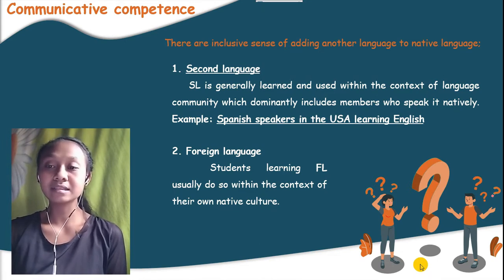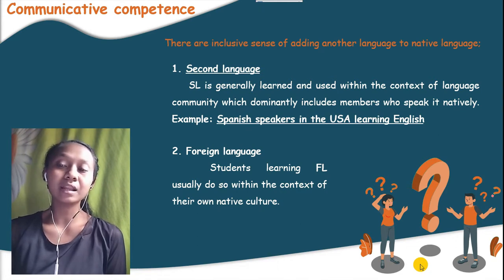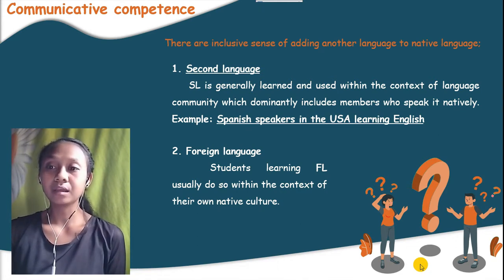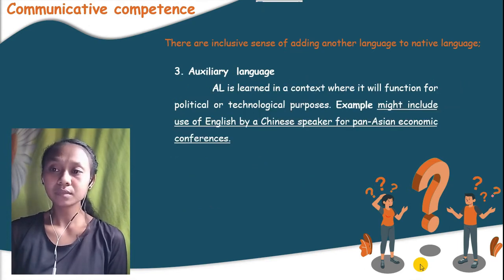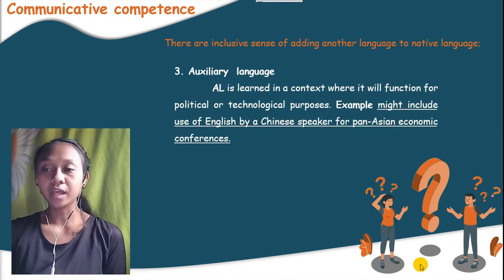And the last is auxiliary language. An auxiliary language is learned in a context where it functions for political or technological purposes, for example the use of a language by a Chinese speaker.